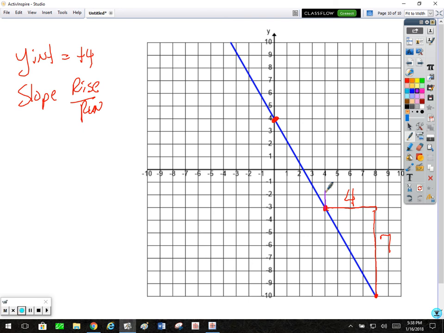Again, 1, 2, 3, 4, 5, 6, 7 and 1, 2, 3, 4. So again, you see the rise and the run are the same. My rise was 7, my run was 4. So we can write the equation now. y equals, take your slope, 7 over 4x, and then add in your y-intercept, plus 4.